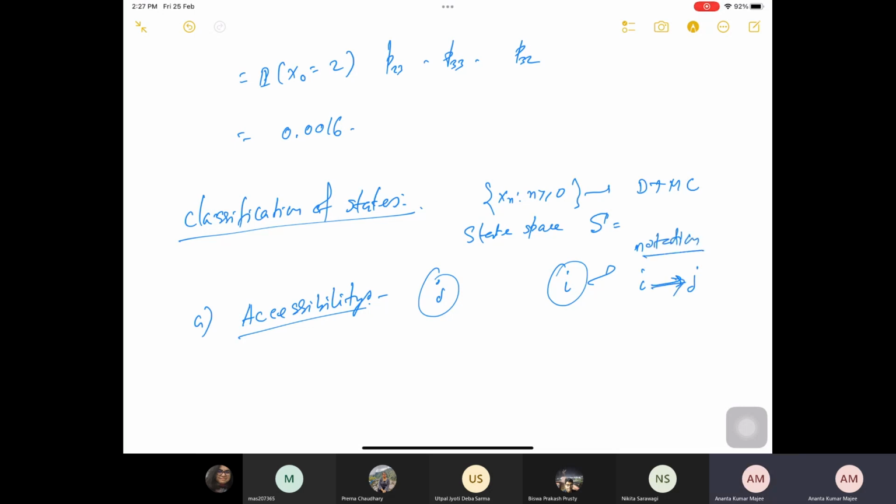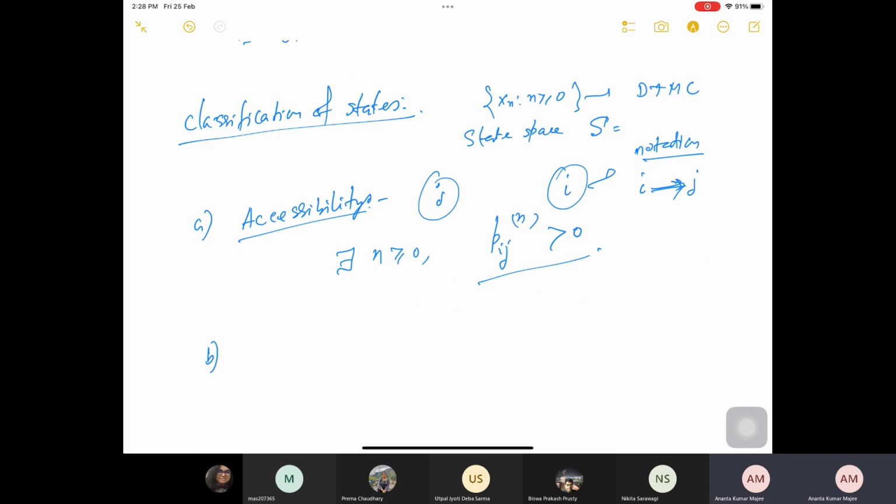So if I can find an n greater than or equal to 0 such that p_ij of n is greater than 0, that means if we start with state i we can reach state j in n steps with positive probability. So that means basically that state j is accessible from state i.